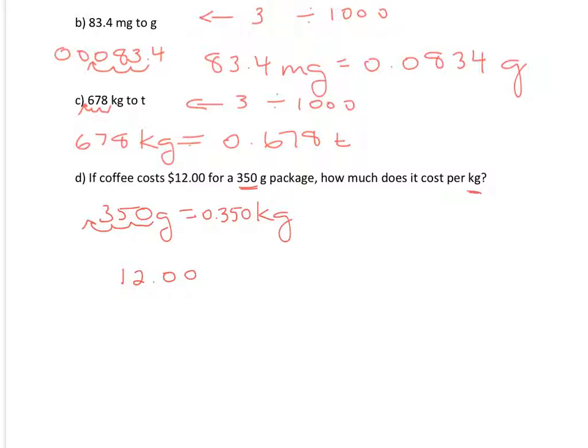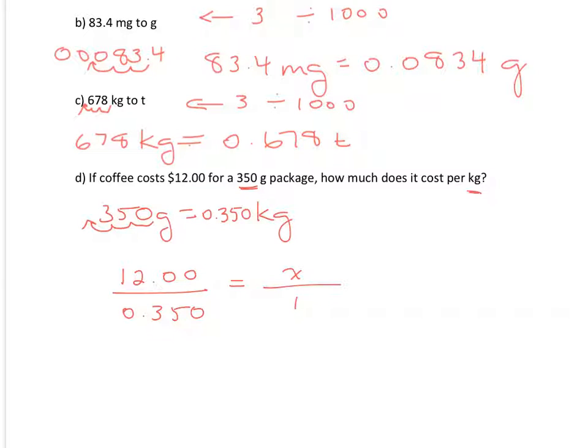We could now set this up as a proportion. We could put our money on the top and our weight in kilograms on the bottom. So $12 for 0.350 kilograms is equal to X, or whatever letter we want to use, for 1 kilogram.